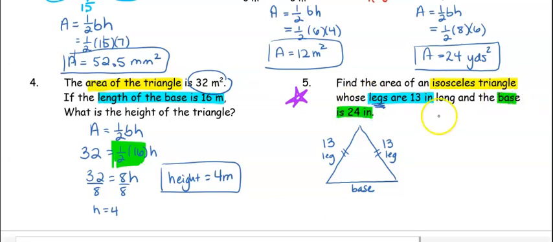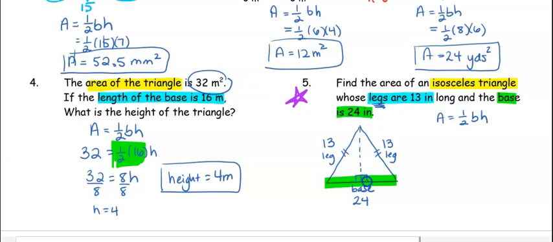Well, when I think about my area formula, it's 1/2 base times height, and we keep on saying that the base and the height run perpendicular. I have the base that was given to me at 24, but I need to find the height. So then this is where those properties come in.